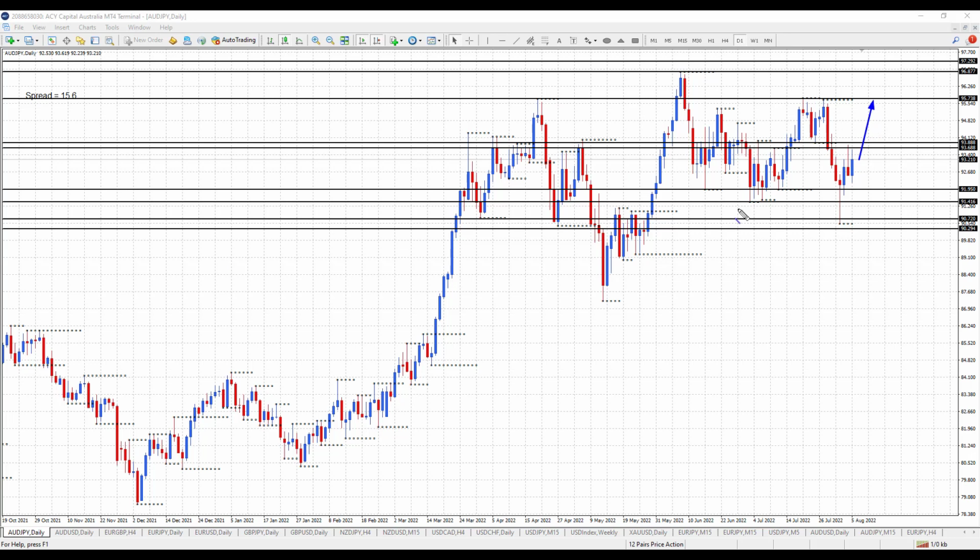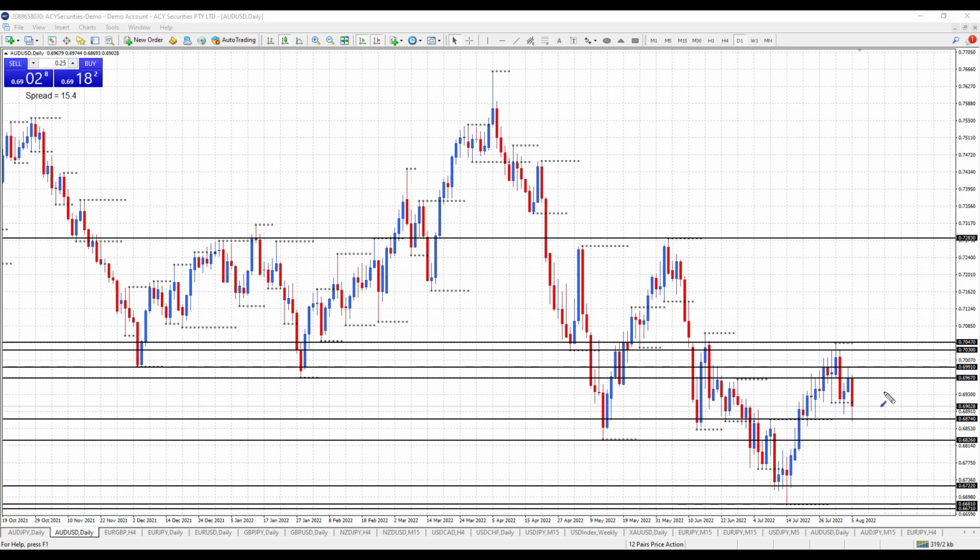Overall, what I'm seeing is that we're in some form of trading range. We broke this weekly support area here and we're really trading in this area. So we're kind of in the middle of that range, but I'm expecting we're moving back up to the top of the range at 95.73.